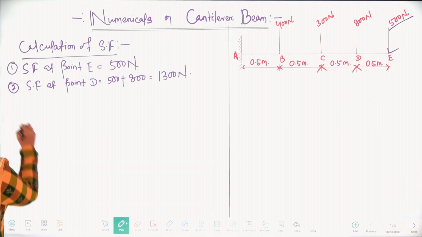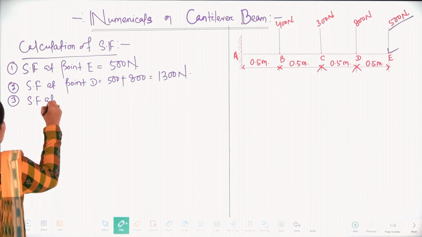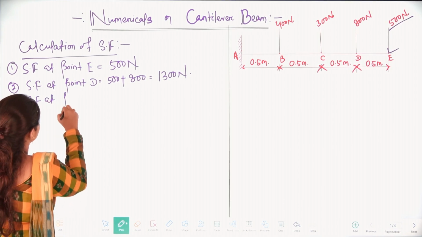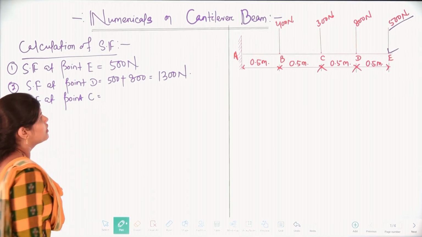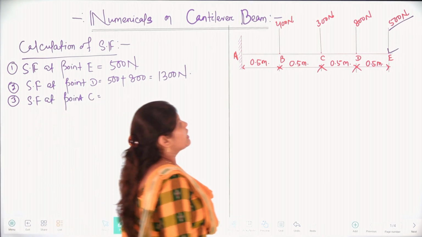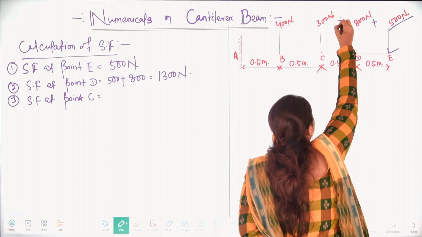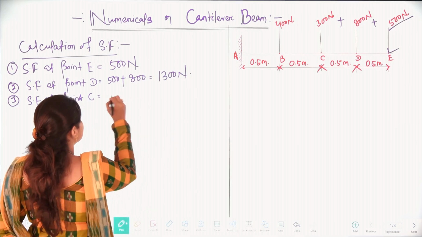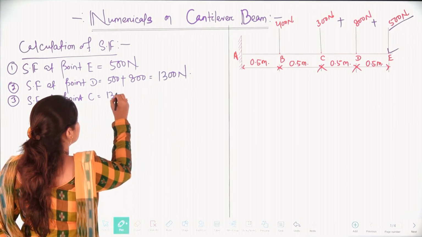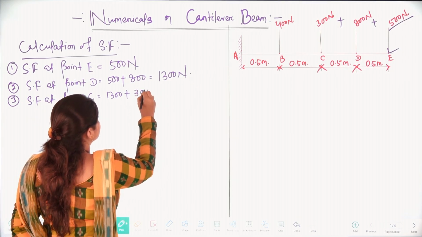So next, shear force at point C. It will be the addition of 500 plus this D and here at C. So it will be this 1300 plus 300.